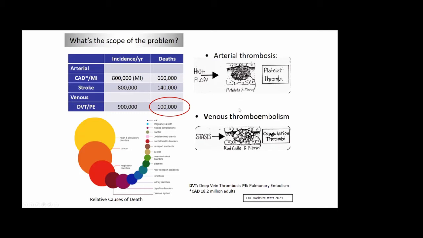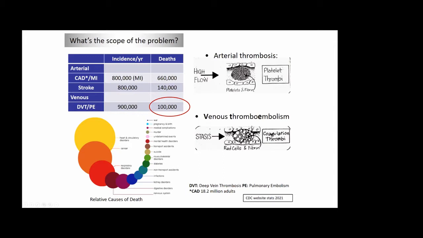These two little cartoons are just meant to explain, and actually there's an error in this cartoon here, which I should have corrected, that in arterial thrombosis, usually there is a disruption of the endothelial surface of the arteries or the arterioles, often from atherosclerotic disease and fracture or necrosis of atherosclerotic plaques, and then clotting initiated by platelets, and then the deposition of fibrin. And these occur in areas of high shear where flow is rapid.